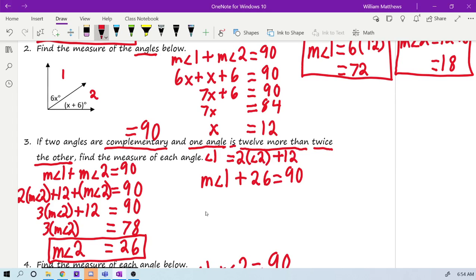So now I can subtract 26 from both sides, and I found my last angle. So in this process, you really need to know how to break down a word problem correctly in order to set up your equation to have one variable. In this case, our variable being the measure of angle 2.